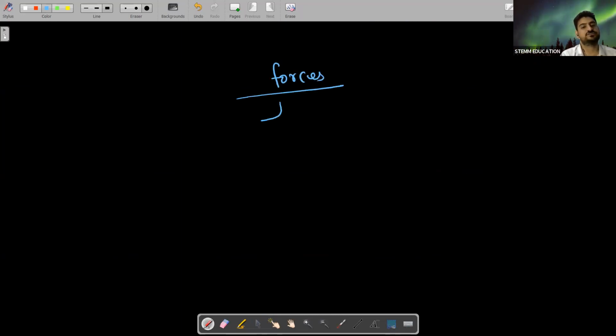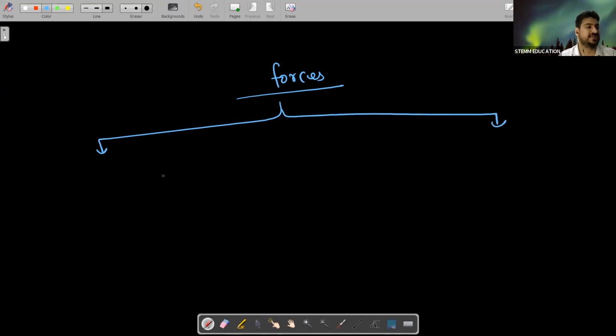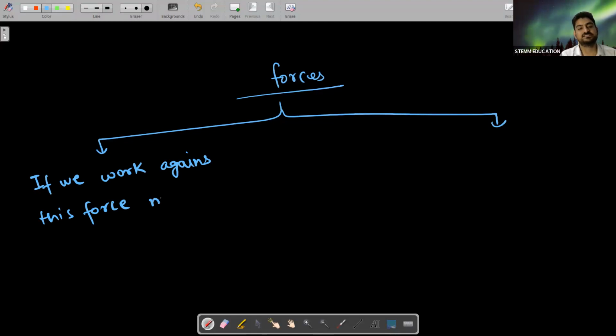The one type of force is the kind of force where, if we work against that force, like gravitational force, no heat gets produced.